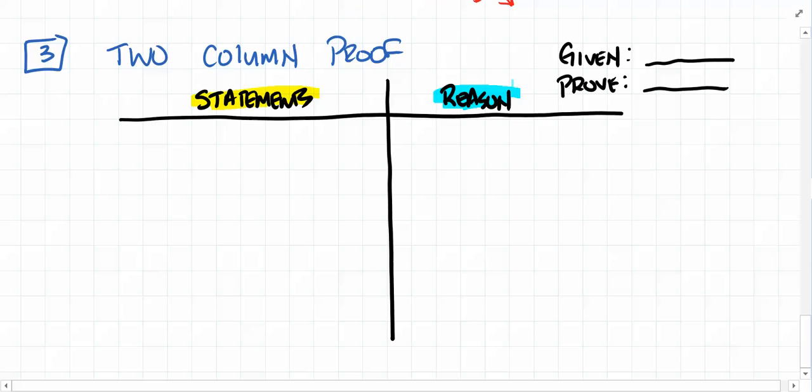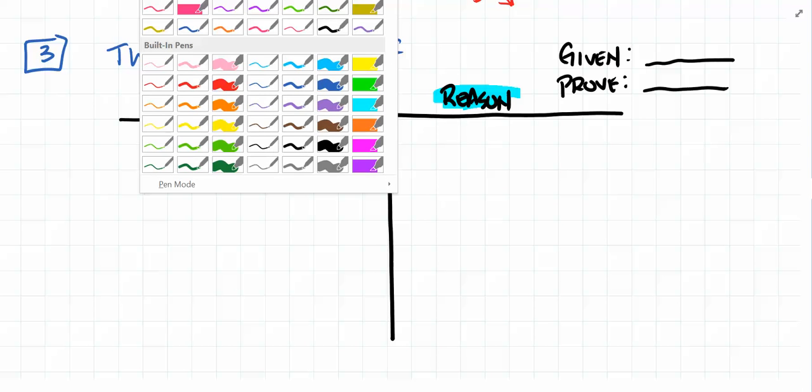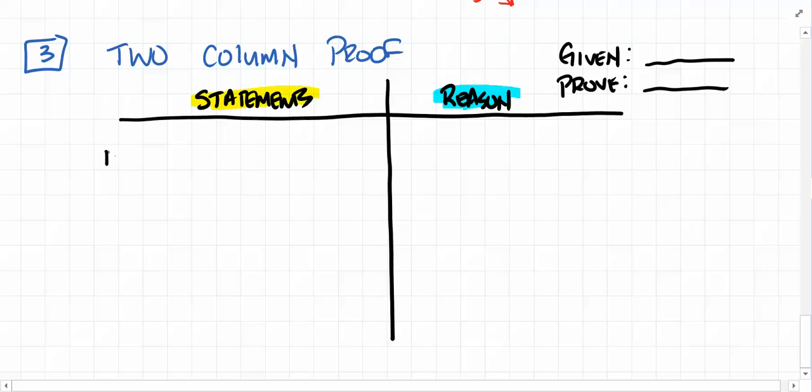Now, generally speaking, you're going to number the steps on the left-hand side. You're going to have number 1, and the first thing you write down is whatever the given statement is. This is how you get your free points. The reason you get to write it down is because it's given.